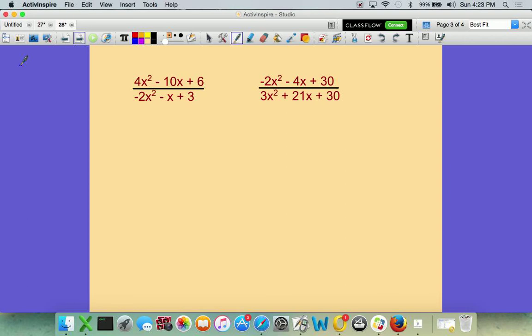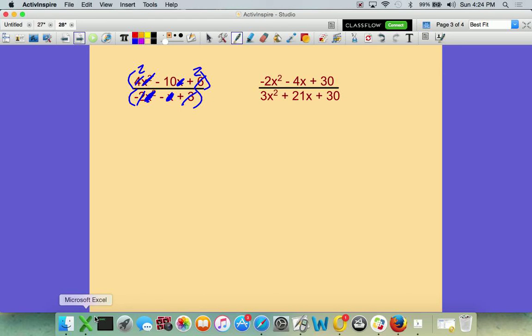Next one. We've got some more work here. With this, my first step, since this is all an expression, is to put parentheses around it, because what I constantly see is people saying, I've got an x squared there, and there's an x, 4 and 2 simplify to 2, 6 and 3 simplify to 2, 2 minus 10 plus 2, divided by 1.